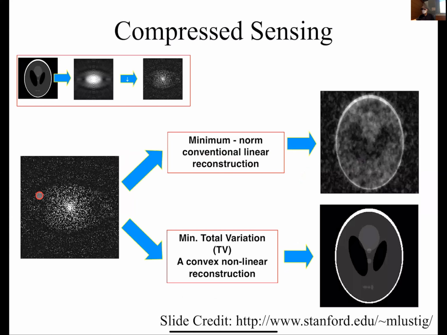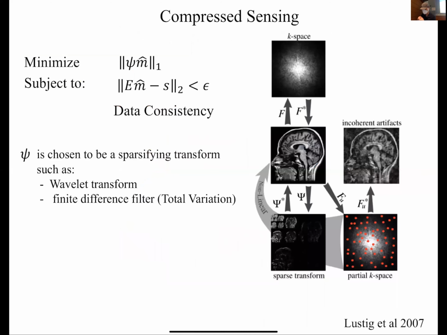But if I apply a type of compressed sensing, in this case minimizing total variation, then I can end up with a much better estimate. And so the key is I have to put some prior assumption on what is an acceptable image.